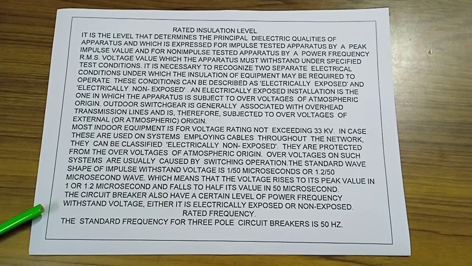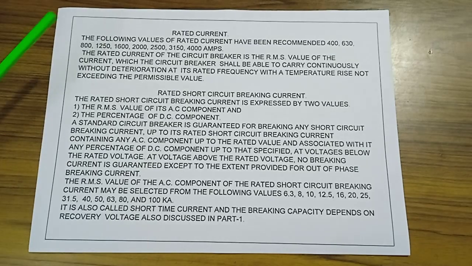Rated frequency. The standard frequency for a 3-pole circuit breaker is 50 Hz. Okay, next. Rated current. The following values of rated current have been recommended: 400, 630, 800, 1250, 1600, 2500, 3150 and 4000 amperes.